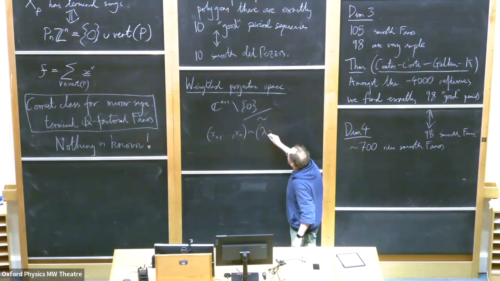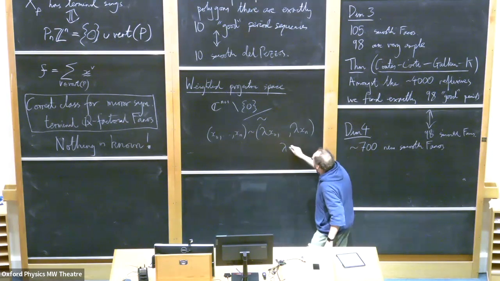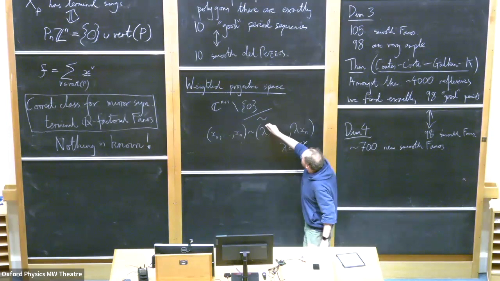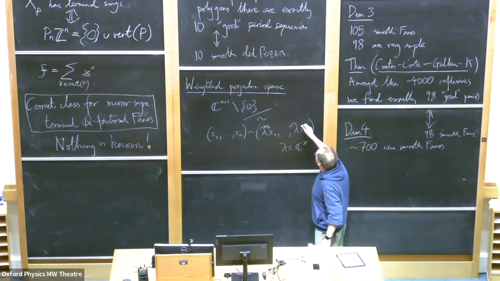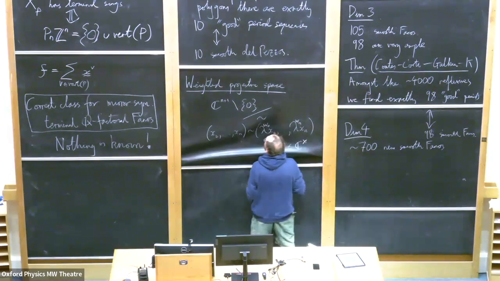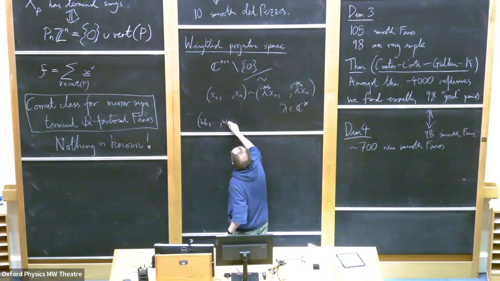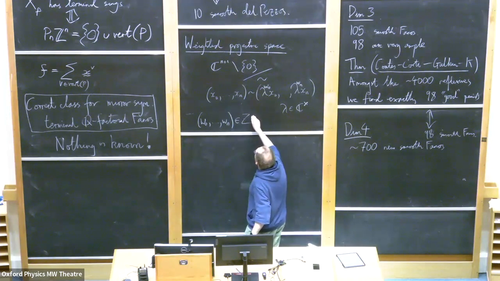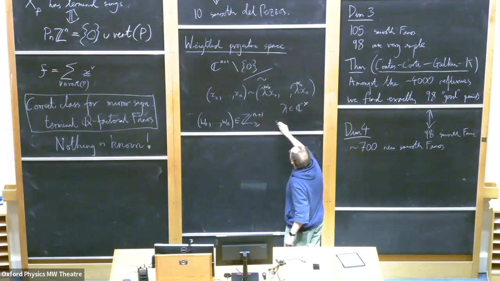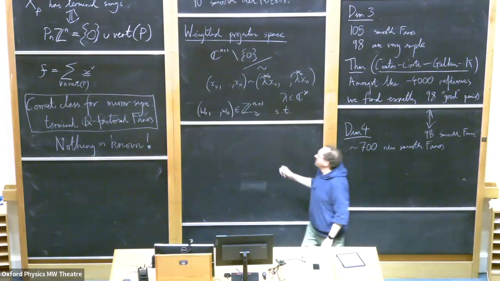Well, before it was just (λx_0, ..., λx_n), λ in C*, but we just added a little bit of weighting to each of these. So we allow each of these lambdas now to be weighted differently. We have the weights w_0, ..., w_n. This is a sequence of strictly positive integers, such that if you remove any one of those integers, the GCD is 1.